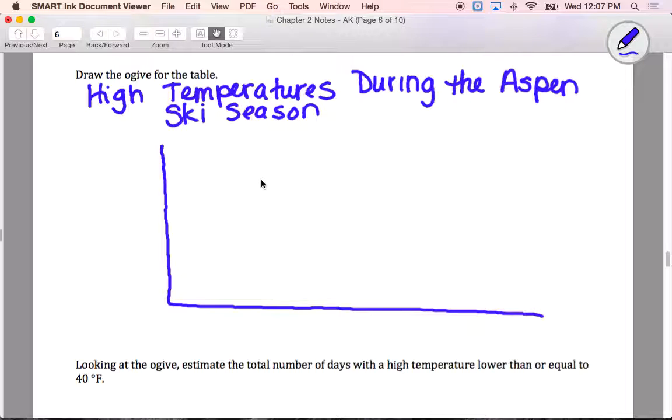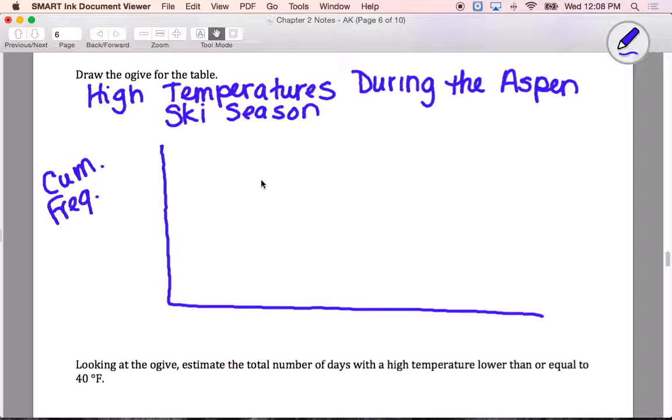Okay, so we are going to have the cumulative frequencies for my y-axis. Now, if you look at your cumulative frequencies, the smallest is 23, the highest is 151. So we have to make sure we cover those when we go through these. So depending on how much space you have, that also limits you on how you're going to go through these when you label all of your parts.